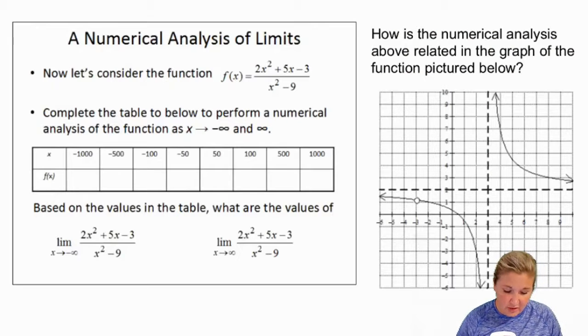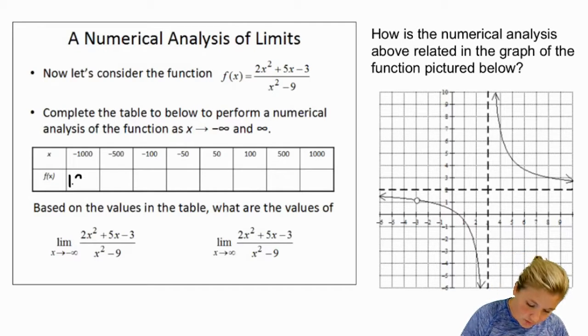What we have here, you can see we're going to look at this as a table, and then again as a graph. We have our same function that we just had. Okay, so we're not changing functions there. So we're going to complete this table. When x is negative 1,000, f of x is 1.995.